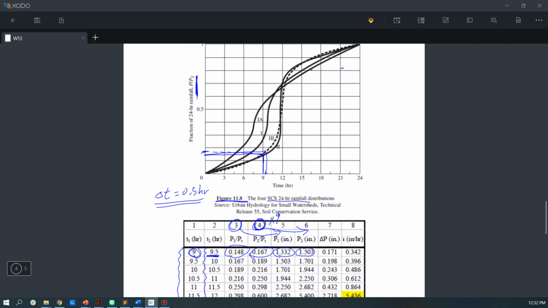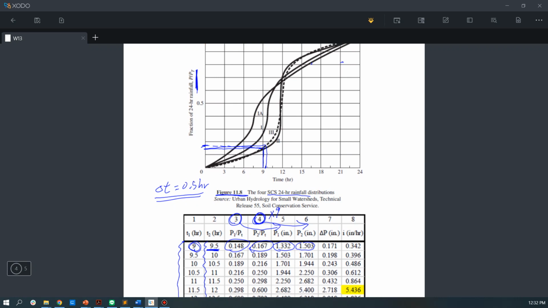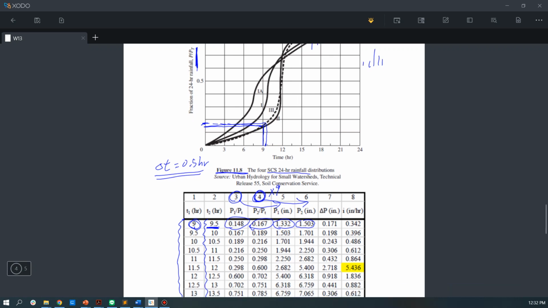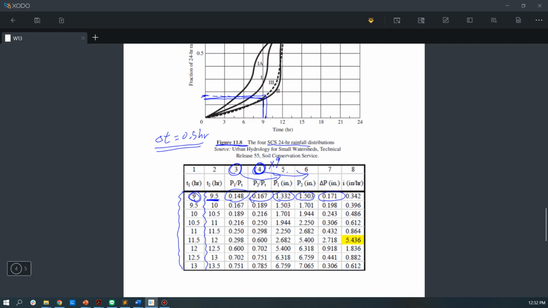And next we want to calculate the difference, right? As I showed before, we want to build this discretized PDF. So you calculate the difference between column 5 and column 6, and you will get the number 0.171. Okay, so this is the amount of the rainfall that will fall between 9 hour and 9.5 hour.